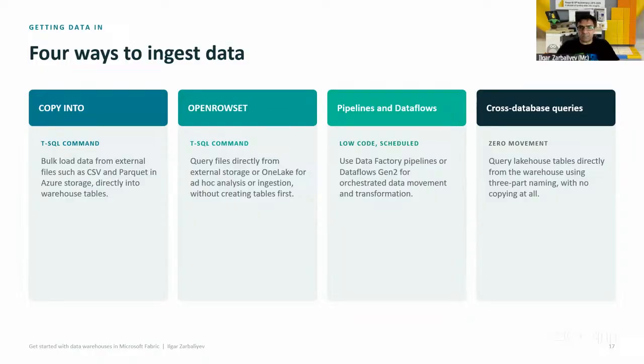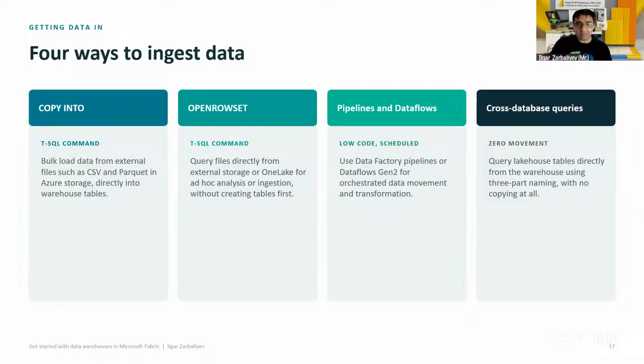OPENROWSET lets you query files directly from external storage or OneLake locations for ad hoc analysis or ingestion without creating tables first. This is excellent for exploration. Someone sends you a file and you want to see what is in it before you commit to a schema. Point OPENROWSET at it and look.